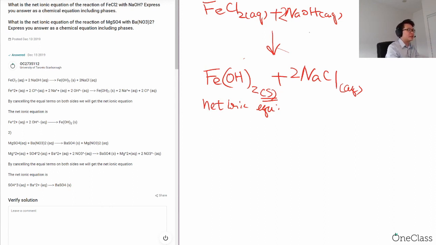From this case, we know that the sodium chloride is just an aqueous solution. They are still soluble, sodium ion and also chloride ion, so they are just spectator ions. We don't have to include them in the net ionic equation. And we also know that iron 2 reacts with hydroxide ion to form iron 2 hydroxide.